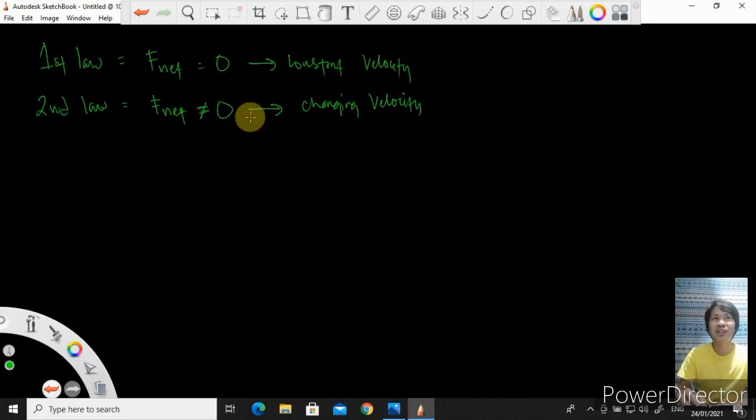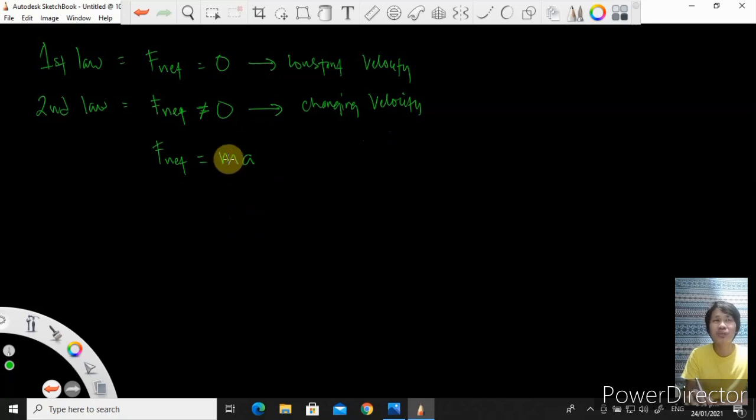First law, F net 0, constant velocity. Second law, F net non-zero, changing velocity. O paano mo ngayon i-quantify? Paano mo ngayon i-compute itong change of velocity? O yun na yung equation natin, na yung F net is equal to ma. Acceleration yung a. Okay.